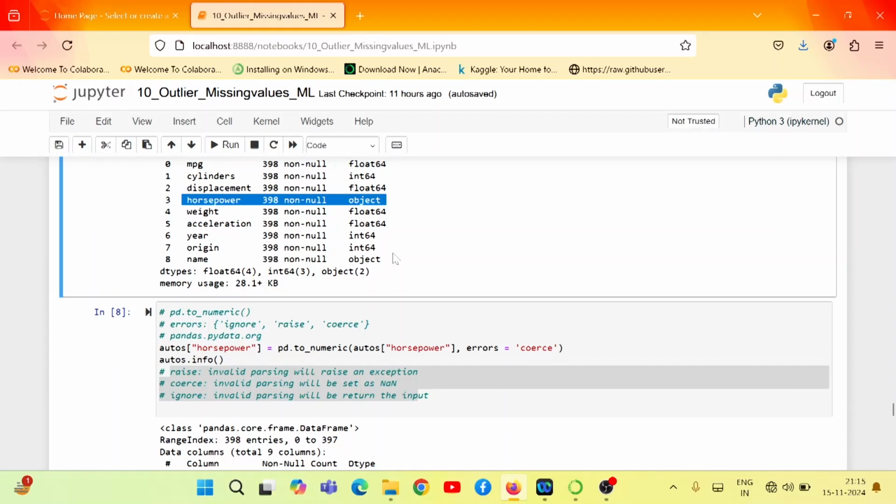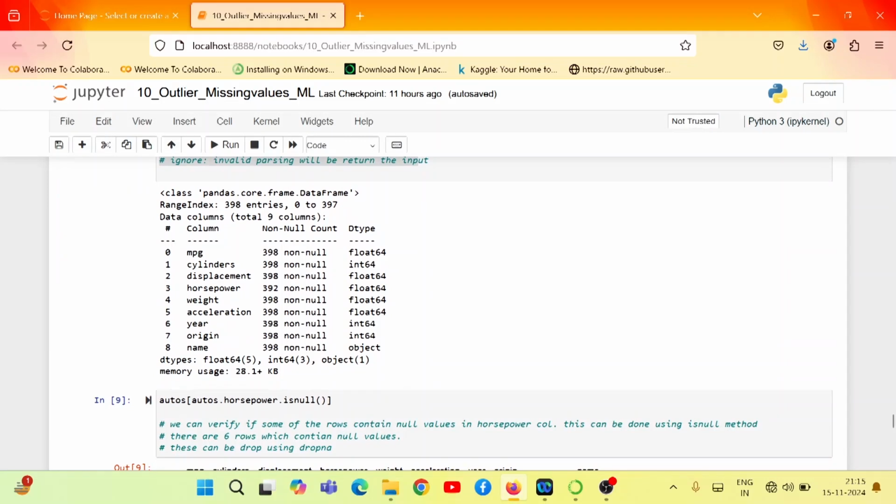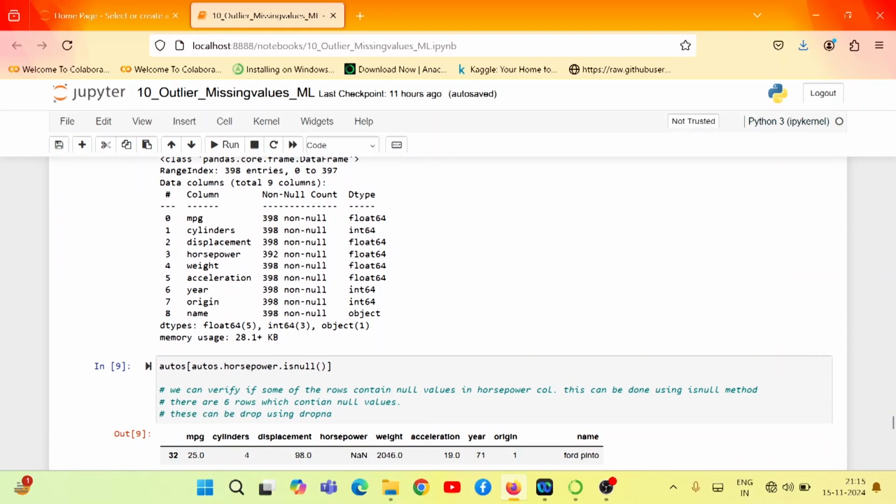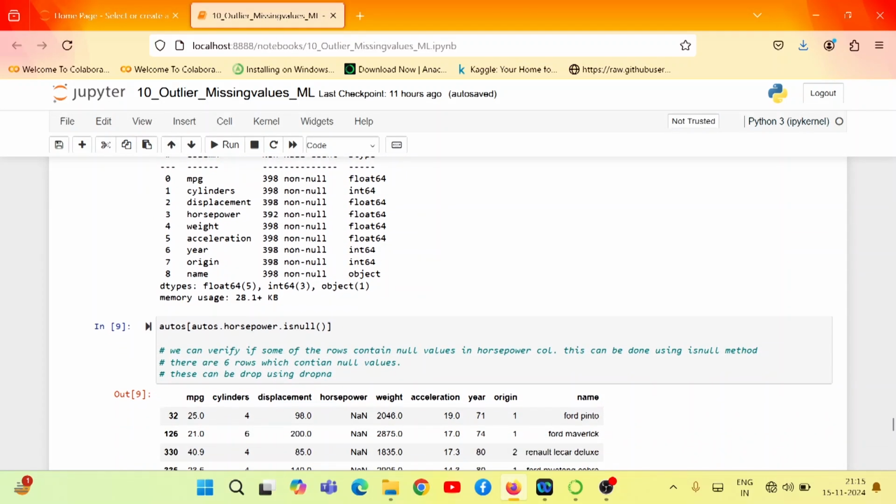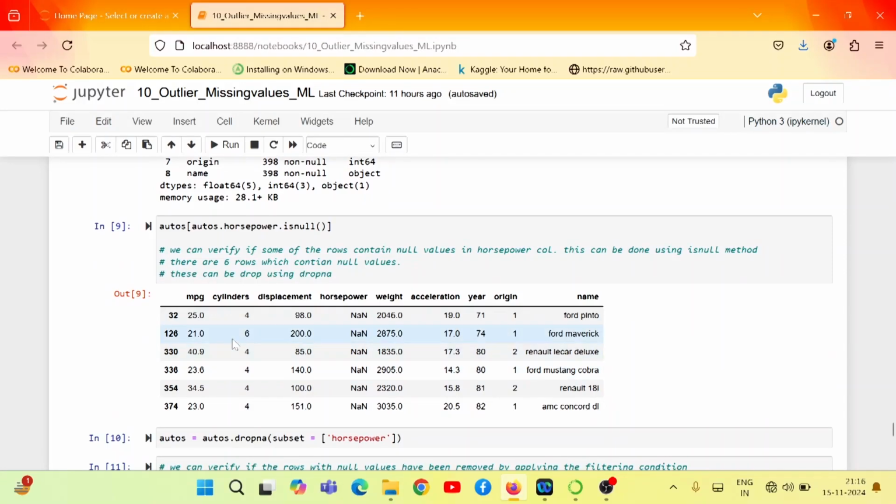Now we can verify it, whether some of the rows contain a null value in the horsepower column. This can be done by using the isnull method on the data frame column. So I am displaying whether null values are there or not. You may see after executing this statement, there are 6 rows which contain a null value.